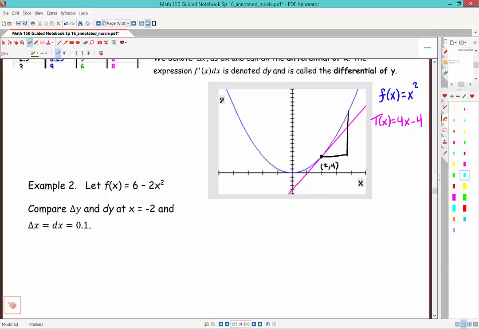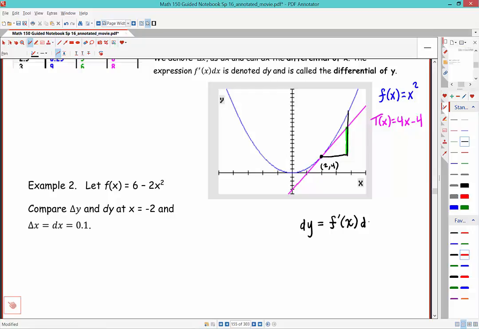This length right here in the green is actually dy, the differential of y. The differential of y is equal to f prime at x times dx, which is the differential of x.